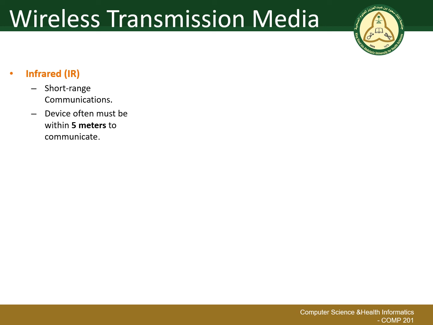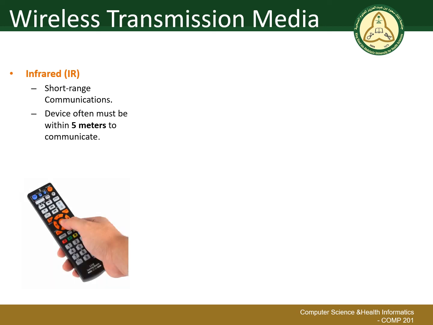Before we go further, let's look back at the main differences between twisted pair and coaxial cable. Coaxial cable is generally used for cable television and internet connection. Twisted pair cables are usually used for telephone connection.